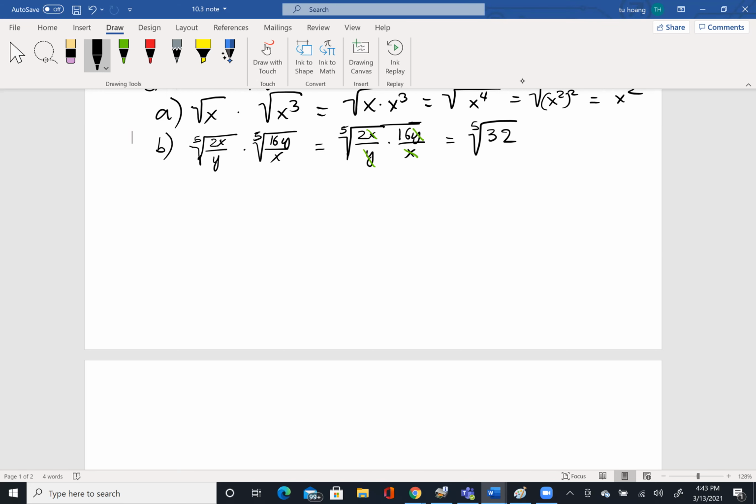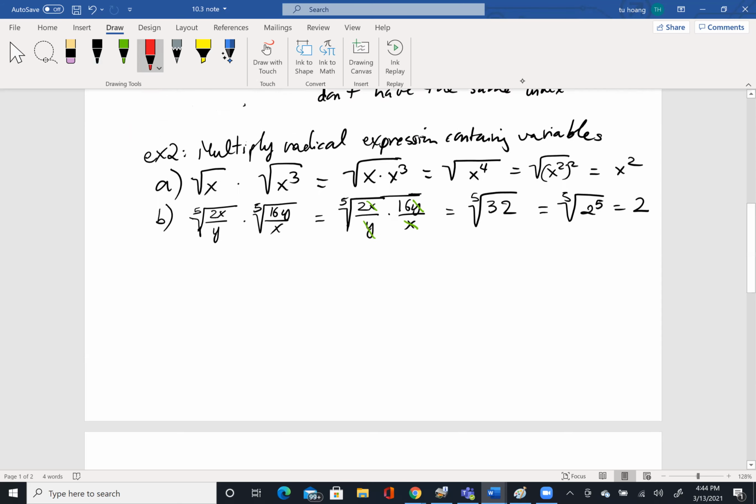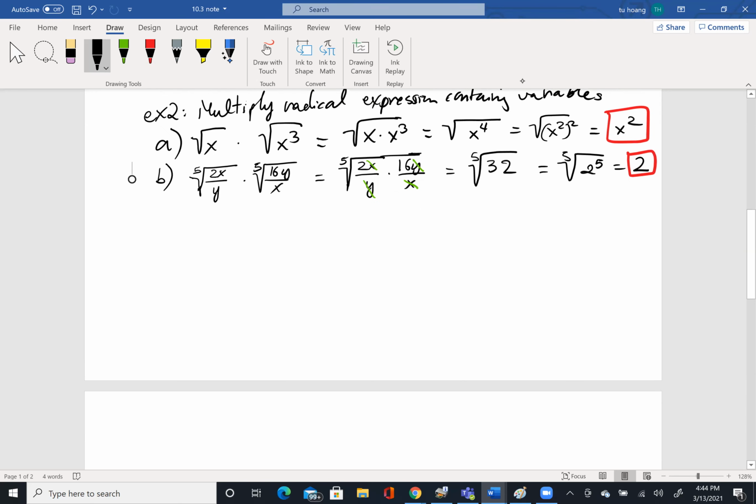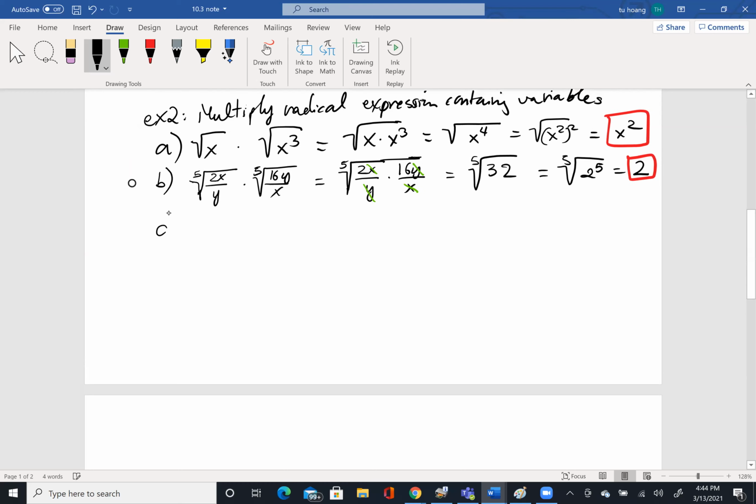And fifth root of 32 can be written as 2 to the power 5. And then that should be equal to 2. Then, let's circle the answer. Okay. C.